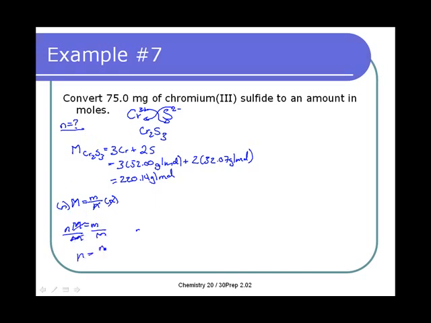And so n is equal to mass over molar mass. Our mass is 75 milligrams, which is 0.075 grams, divided by 220.14 grams per mole.